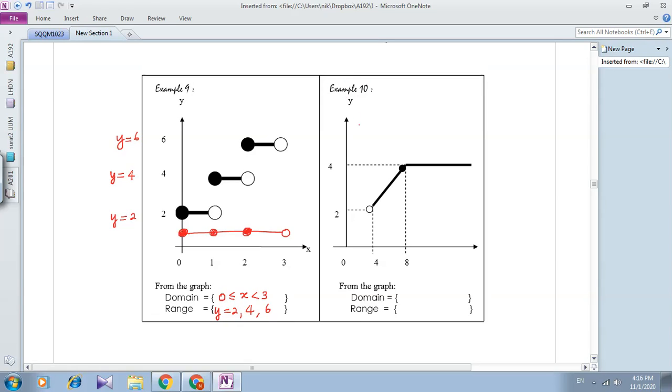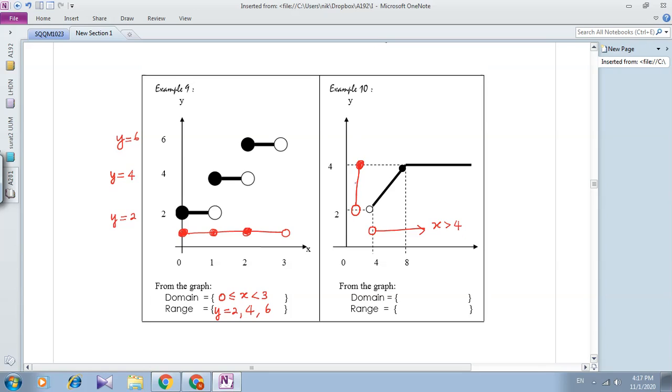In our final example, for the domain, it will be greater than 4. So this is x greater than 4. And then for the range, this will be greater than 2 but stop just until 4, because you can see the graph only in this region vertically.